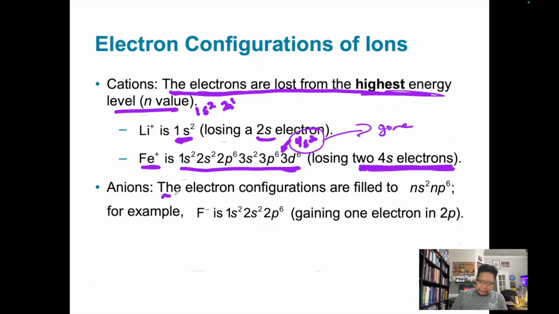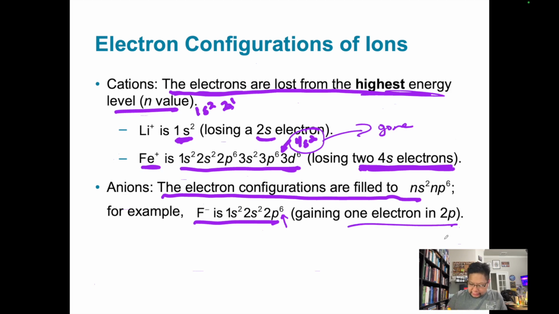Anions, on the other hand, tend to gain electrons, right in their valence shell. For fluorine, before it got the electron, it used to say 2p5, so it gained one electron in its 2p orbital.